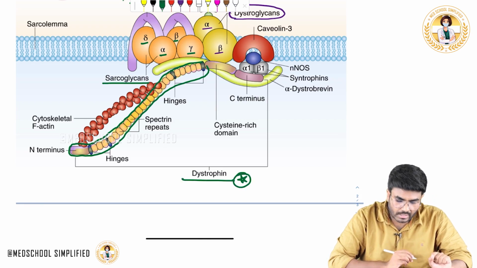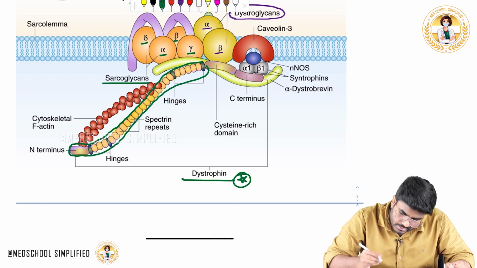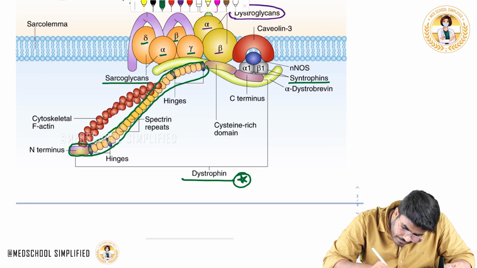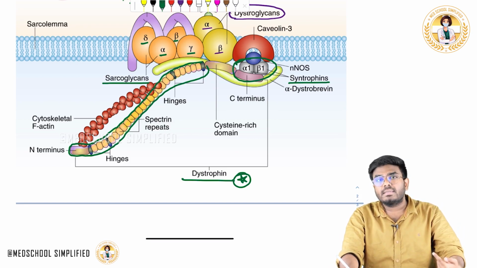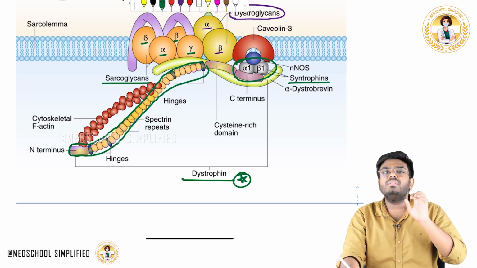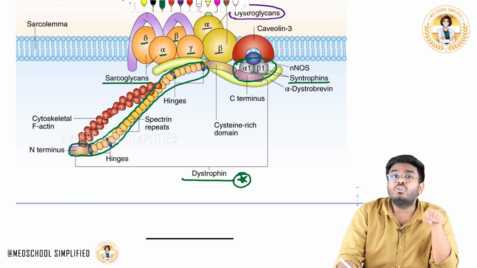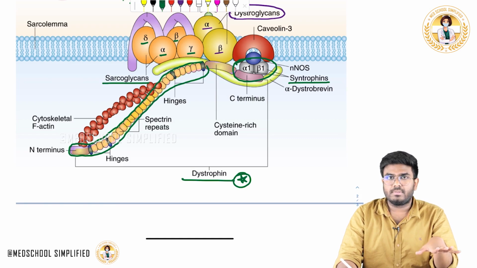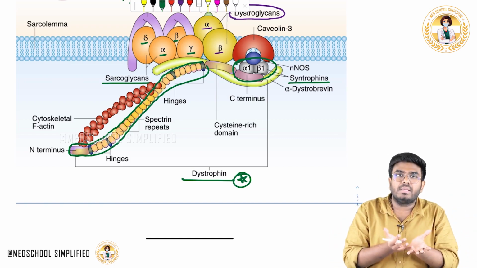So dystrophin. Along with the dystrophin, what else is there? Dystrophin as well as syntrophins. Here are the syntrophins present. So dystrophins and syntrophins are present inside the cell. Now this dystrophin, what is it attached to? Dystrophin is attached to actin filaments. This actin is a part of the cytoskeleton.